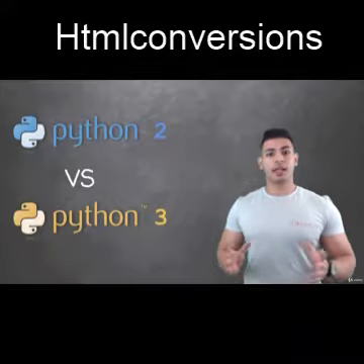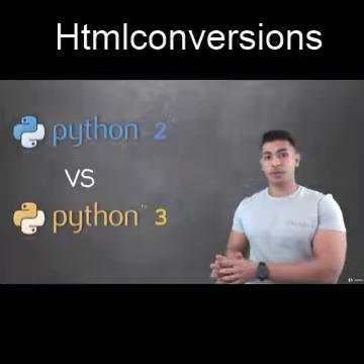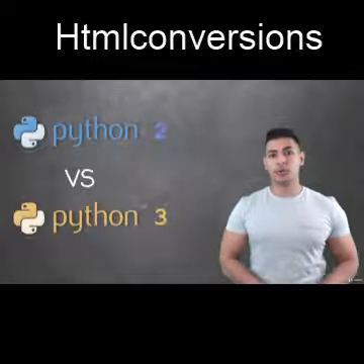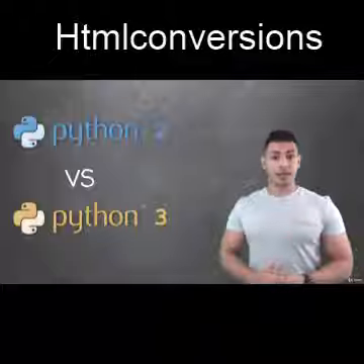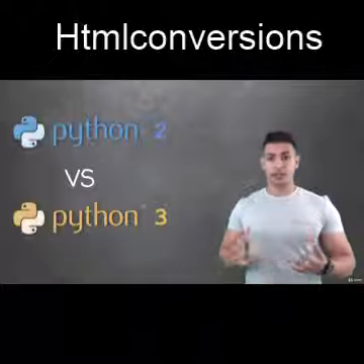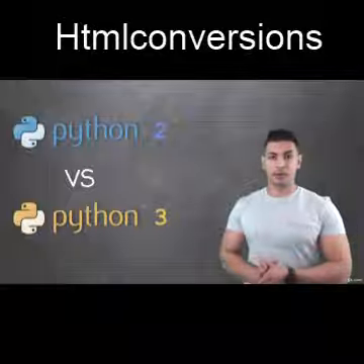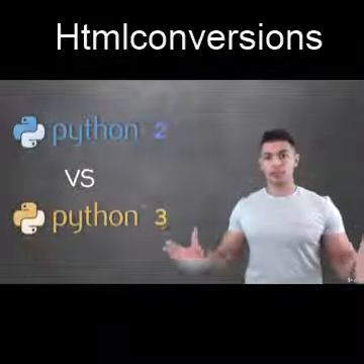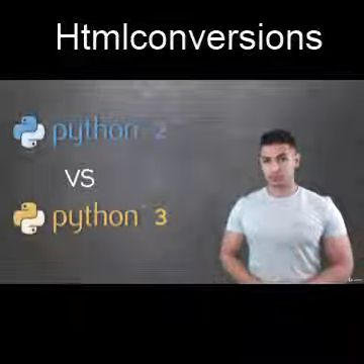Also, there are still a lot of libraries that only work on Python 2, and some of them have a Python 3 version, but Python 3 is more buggy than Python 2, so you might end up using Python 2. Another reason is a lot of Linux and Unix systems still come with Python 2 as the default Python interpreter. So if you ever wanted to exploit these systems, you're going to have to write programs in Python 2.